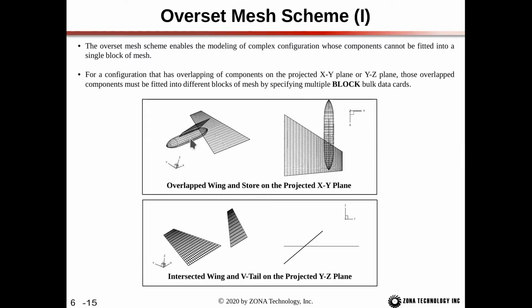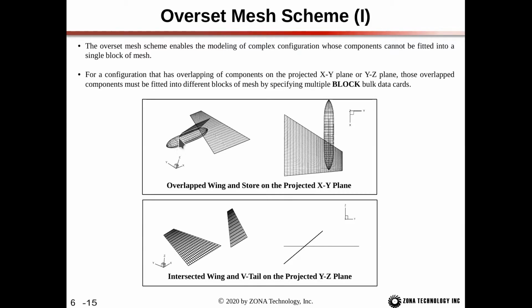Furthermore, this second block of mesh, we would rotate it 90 degrees so that this vertical pylon locally in this block would become a horizontal surface. So then you can think of it as we have the store, and then we have kind of a wing, a horizontal surface sticking out on one side.